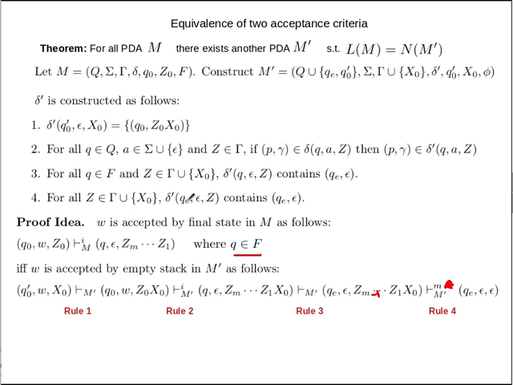Now once you are in state QE in M prime, so this QE was particularly introduced in M prime, you remember. So the whole purpose of introducing this QE is to empty the stack, because you see what's happening here. If you are in QE, you are making an epsilon transition, so you are not doing anything to the input symbols.